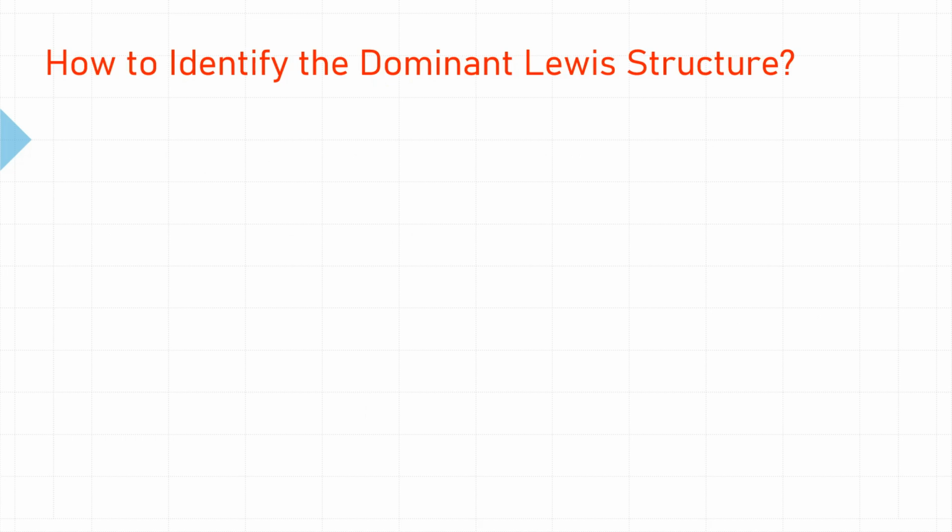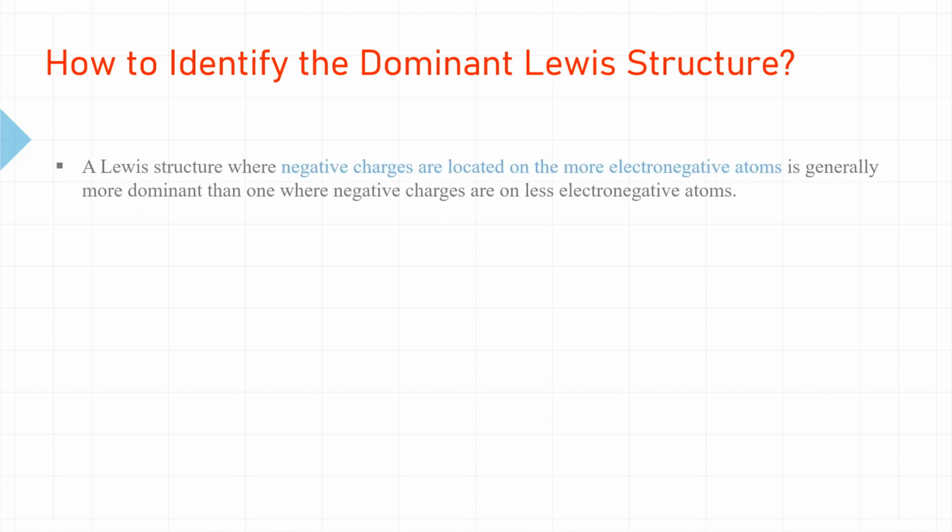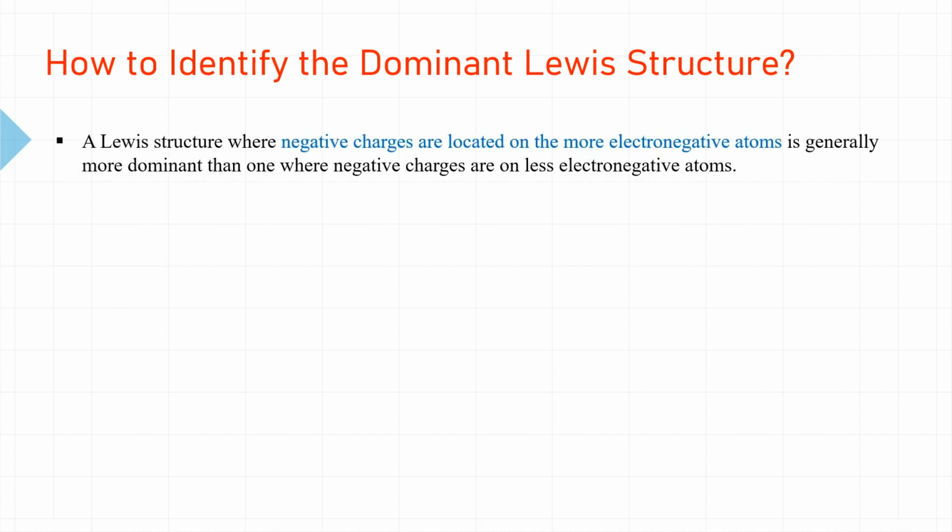How to identify the dominant Lewis structure? A Lewis structure where the negative charges are located on the more electronegative atom is generally more dominant than one with the negative charge on the less electronegative atom. Let's take this example. In this structure, hydrogen, carbon and oxygen, there are three types of atoms.